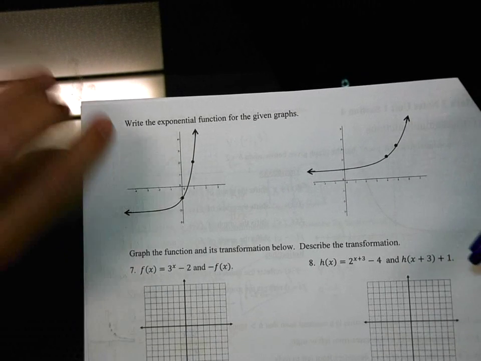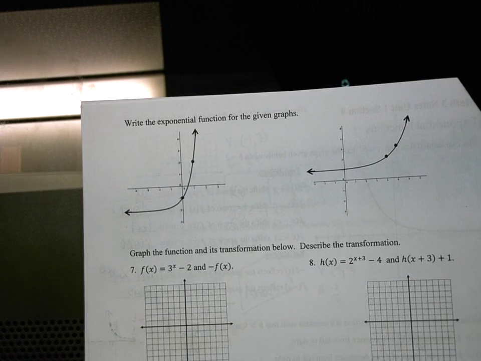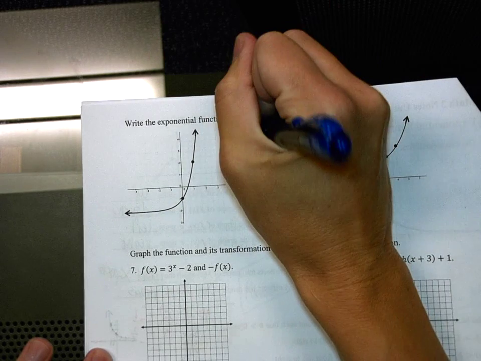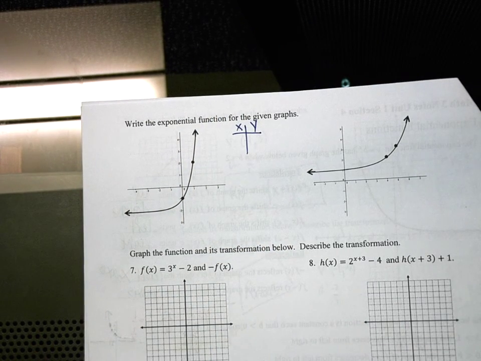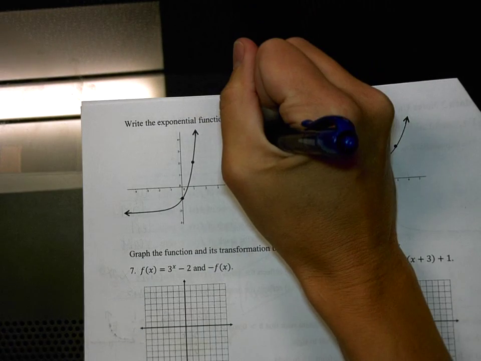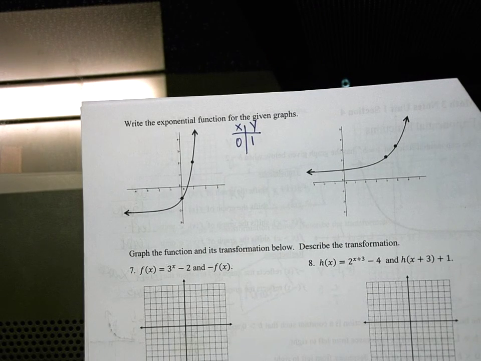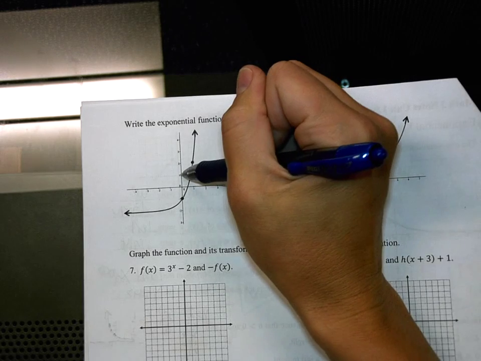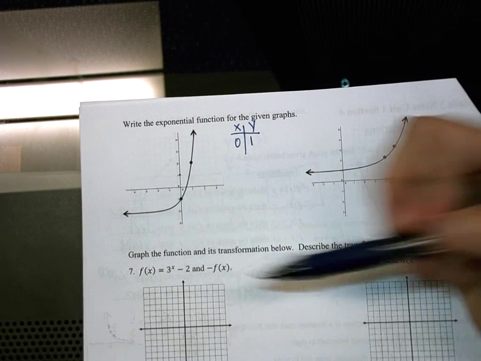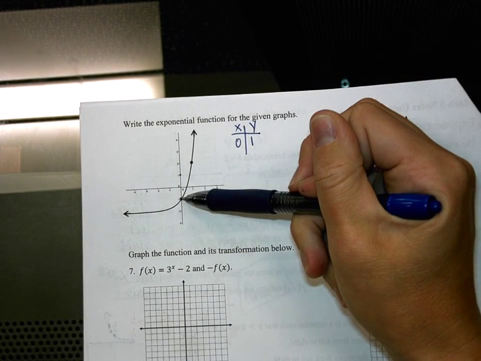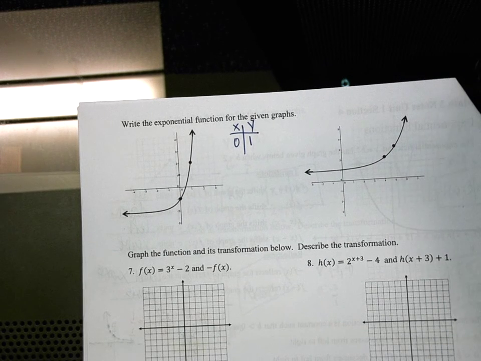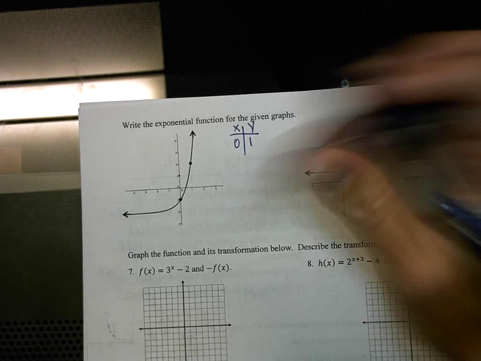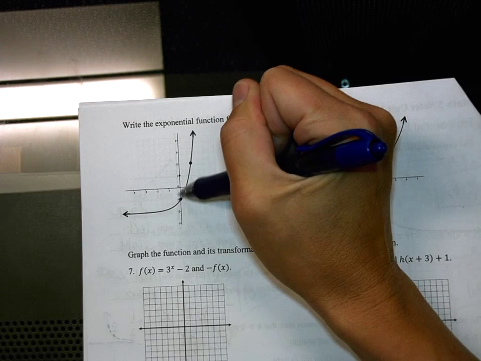So first of all, we know that on every graph, no matter what it is, you have an original point of 0, 1. Do we agree? Okay. And so if you were at 0, 1, what happened in order to get it down to this? Down 2. So from 0, 1, if you go down 1, 2, that's at negative 1.